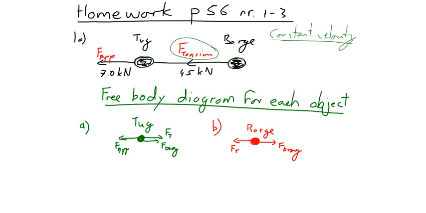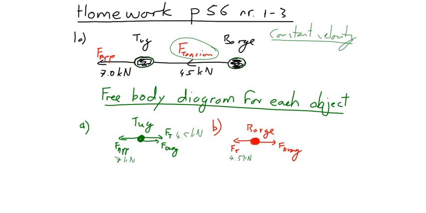If we have a 7 and we have this tension force, remember that tension force is between the two objects, so the tug is pulling the barge, but the barge is also experiencing it. Although it's in opposite directions, it is still 4.5 kilonewton, sorry, it's all in kilonewton, 7 kilonewton. This is the 4.5 kilonewton.